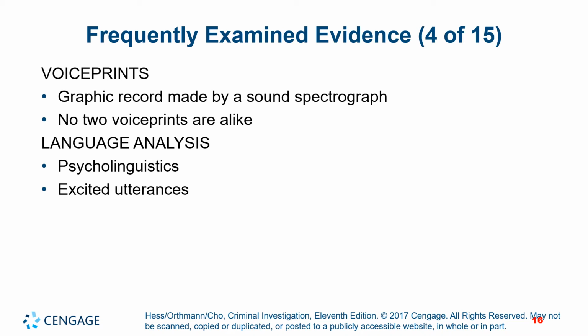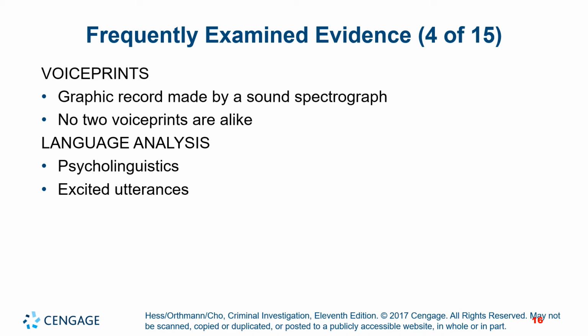Also, what is used is language analysis. The actual language is often an overlooked type of evidence, and this evidence can be captured using digital recorders. And what is considered are the following.